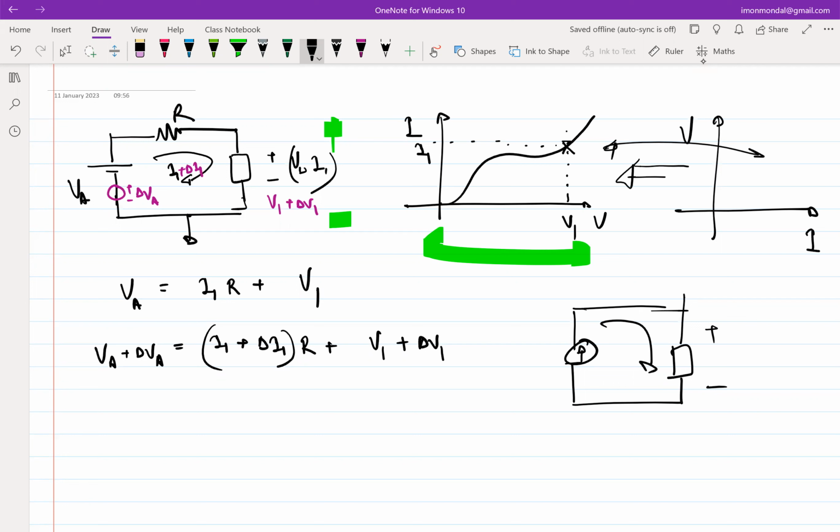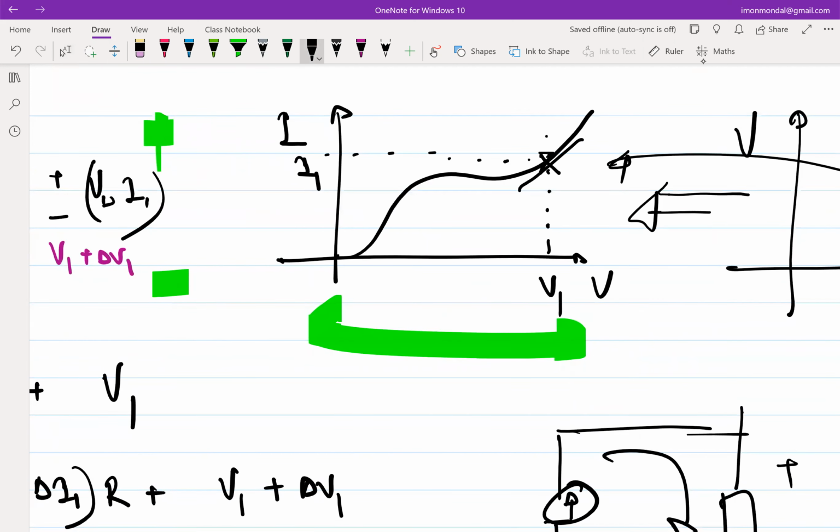The key point to note is that the tangent to the plot on the left, if I take the tangent at this point, is del I1 del V1.